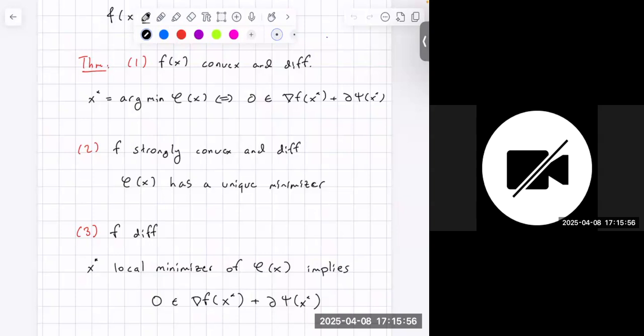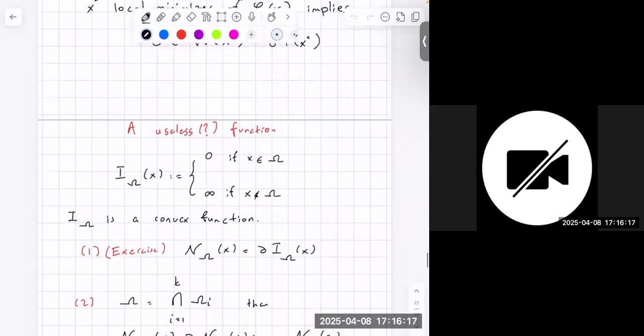Then you're able to say this is a necessary condition: the zero vector, I should be able to write it as the gradient of the differentiable part plus a subgradient. You have to have it, but it's not sufficient anymore since this is only differentiable. So these are the structural results we have in this world.